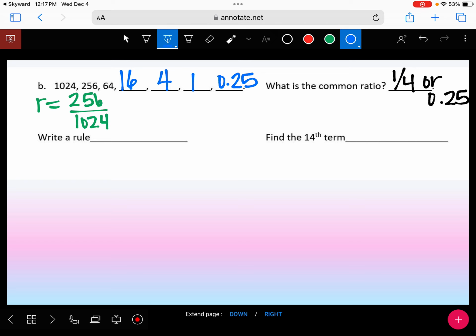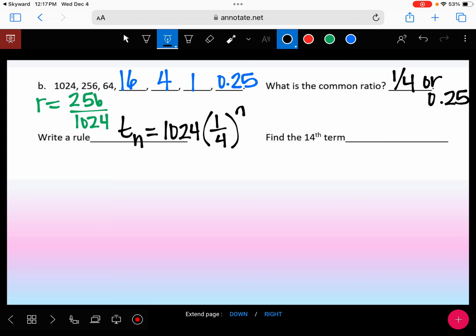Who had that for the next 4 numbers? All right, let's write the rule. T sub n equals the first number, which is 1,024. Again, I like to use parentheses for my common ratio. And I'm going to write it as a fraction.